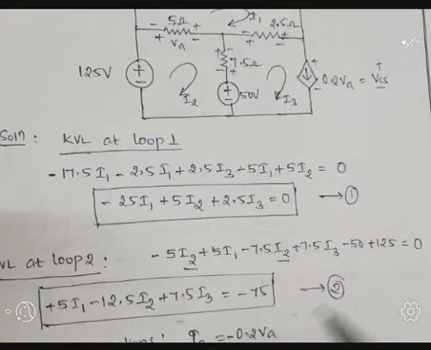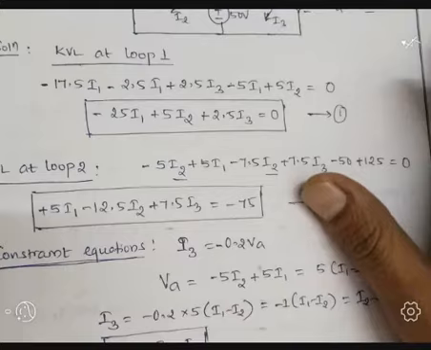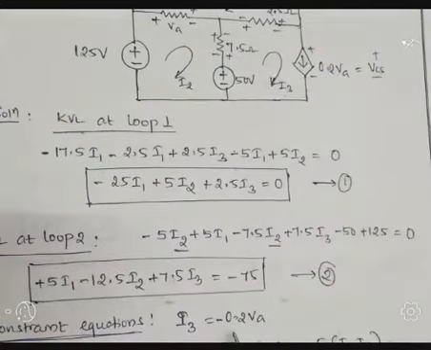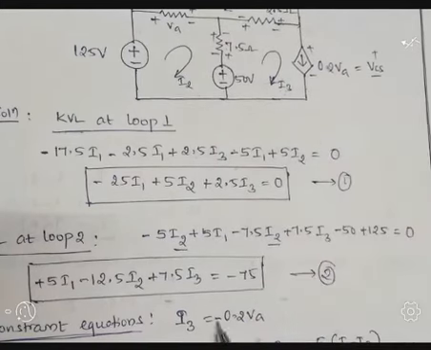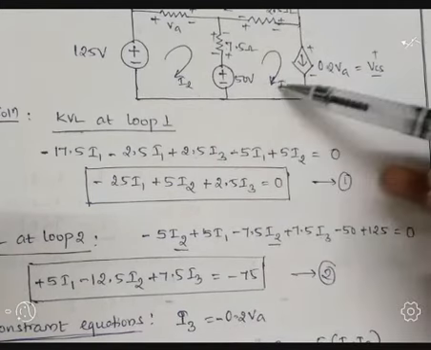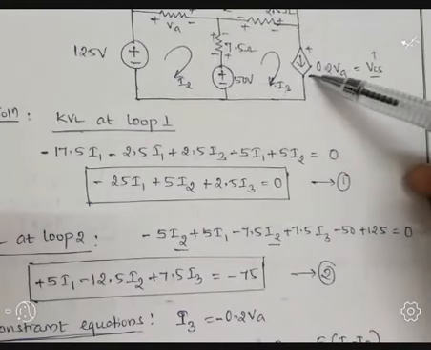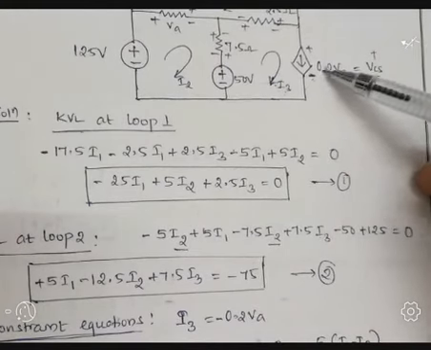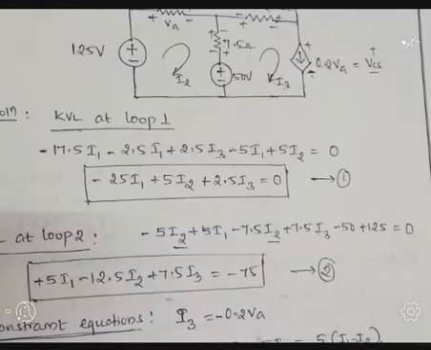Because of that reason, I'm going to write the current I3 is equal to how much? 0.2 VA. It is pointing towards minus. Hence minus 0.2 VA. The head of the arrow mark of current I3 is pointing towards this polarity. Hence minus 0.2 VA. So from loop 3 we are writing I3 equal to minus 0.2 VA. But we don't know the value of VA.